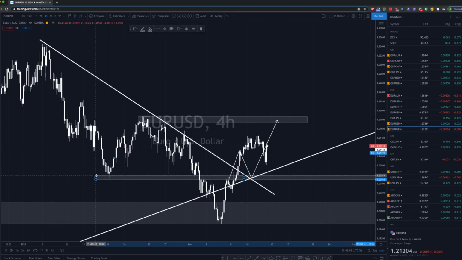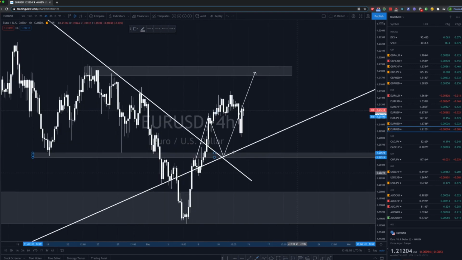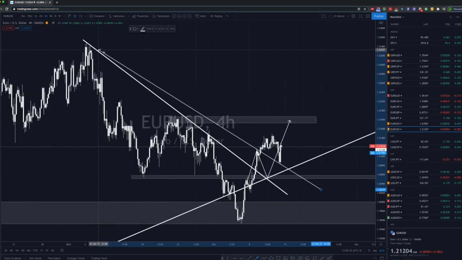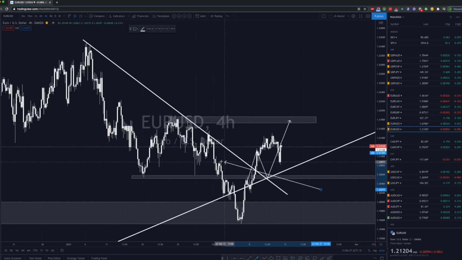The clearest level for me is around this area here where I have this minor zone. The reason I'm saying that is because we had this low here, spiked into the level here, showed rejection here, broke through, came back up, tested it here, pushed lower, and then it broke through, right? And broke this shorter term trend line, right?